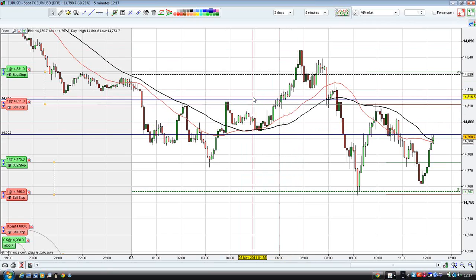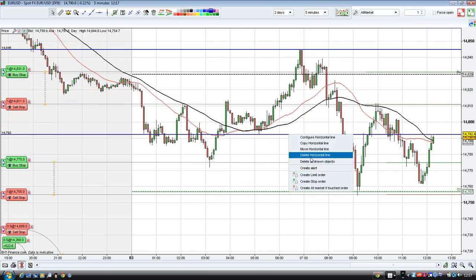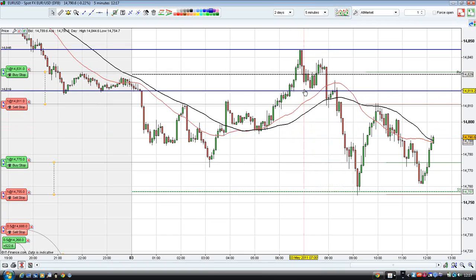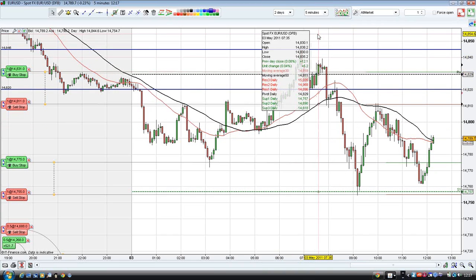It's formed a new high. So at that point in time, we think it's going to start going up. So it's formed a high. It's come down here, it's formed a low.